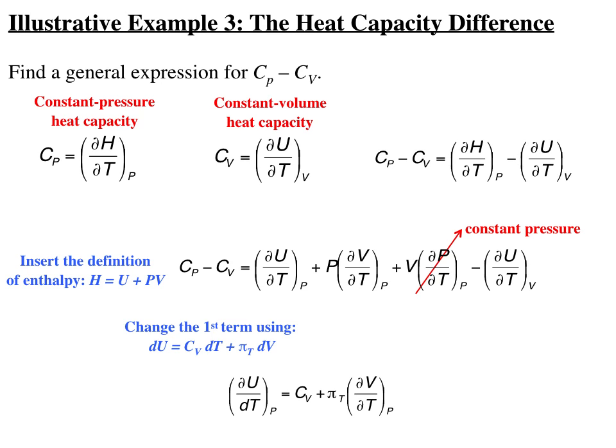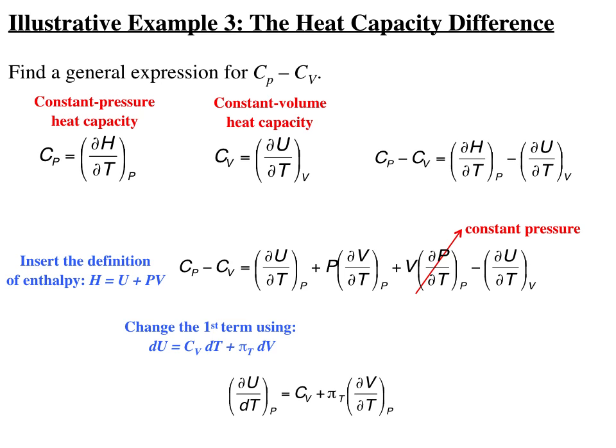So I need to take H equals U plus PV and take the derivative of that expression with respect to T at fixed P. So what I have in the middle of the line begins by saying C sub P minus C sub V.